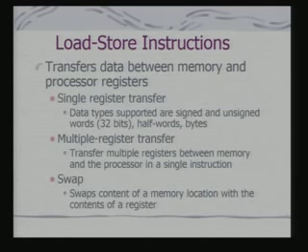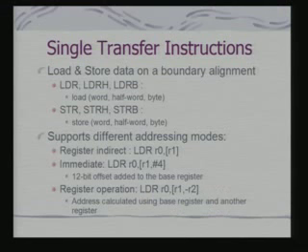In fact, multiple register transfer in case of ARM is a significant departure from classical RISC model or RISC instruction sets. The single register transfer supports signed and unsigned 32-bit transfer, half-word transfer, as well as byte transfer.